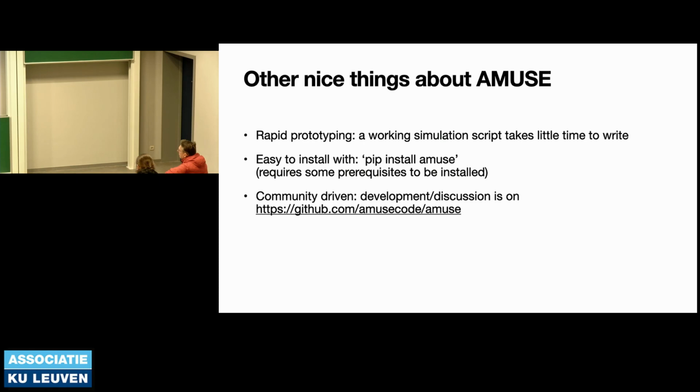To make it more complex, of course, can take much longer, but writing a simple script can take very little time. Nowadays, it's also quite easy to install. You need some prerequisites to be installed on your computer, like a compiler. If you do, then you can just do things like pip install amuse or amuse-framework if you don't care about everything, and that will install it. Development and everything is going on GitHub, and it's a very open community, so that's also one of the things we like.